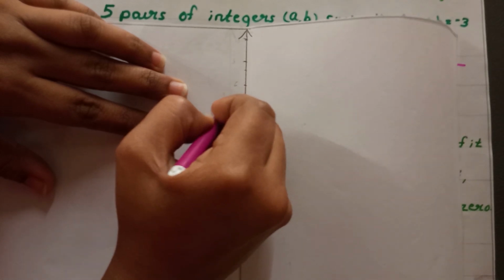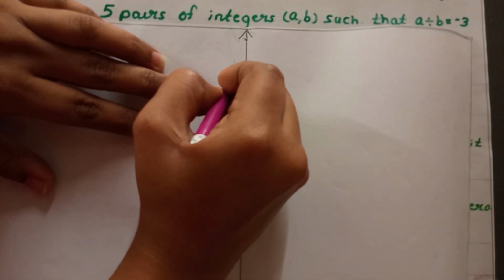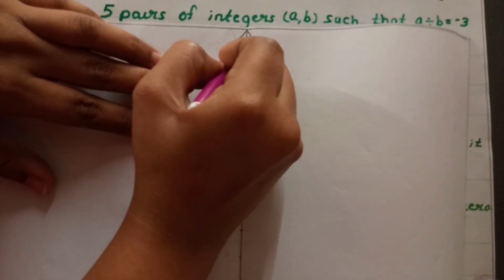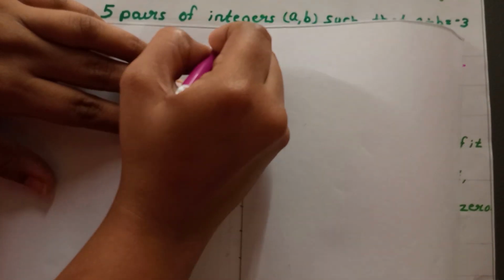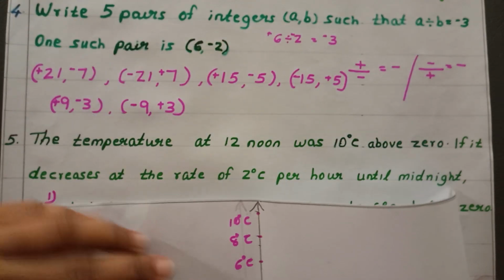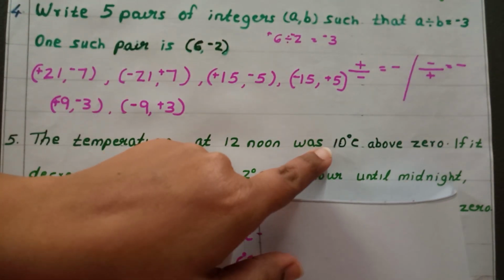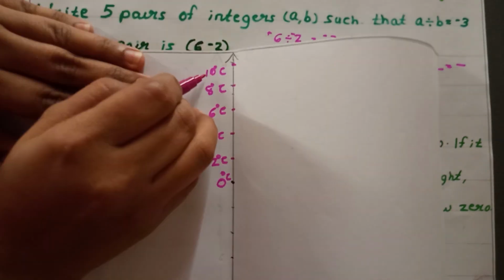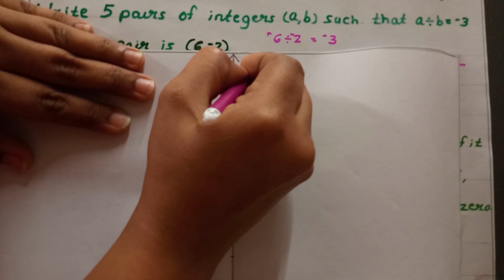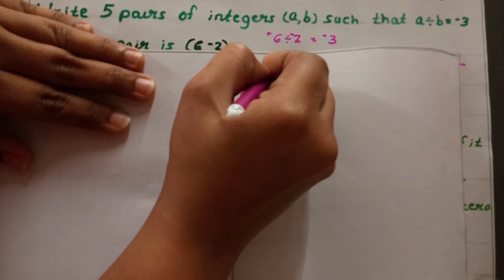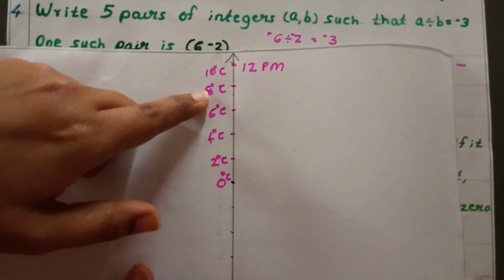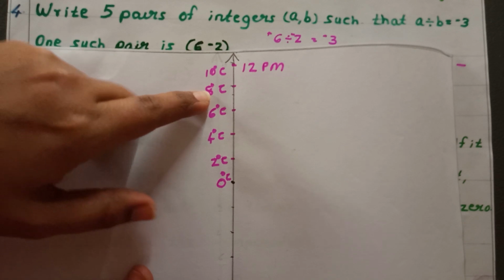This point is 4 degrees Celsius. This is 6 degrees Celsius, this one is 8 degrees Celsius, and this is 10 degrees Celsius. They have given that when the temperature was 10 degrees Celsius, the time was 12 noon, that is 12 p.m. And every hour the temperature is decreasing 2 degrees Celsius.